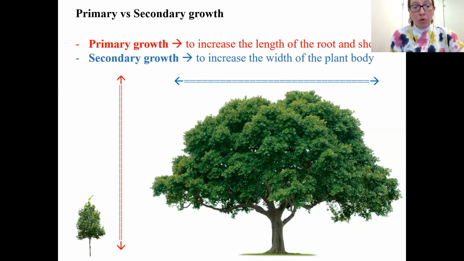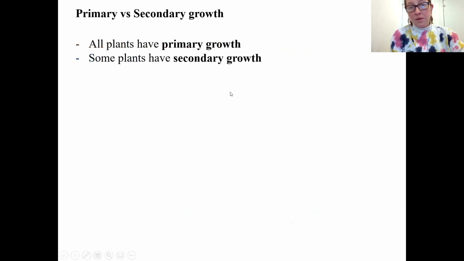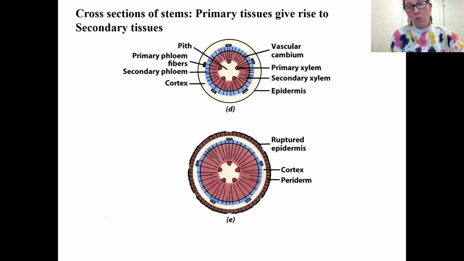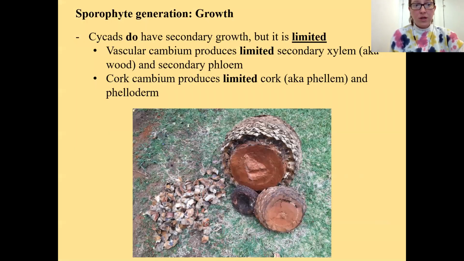So primary growth is occurring at the tips to get longer. Secondary growth is occurring in lateral meristems that are inside of the stem. But it's not necessary that you understand this completely today. We'll talk about it more in subsequent classes.